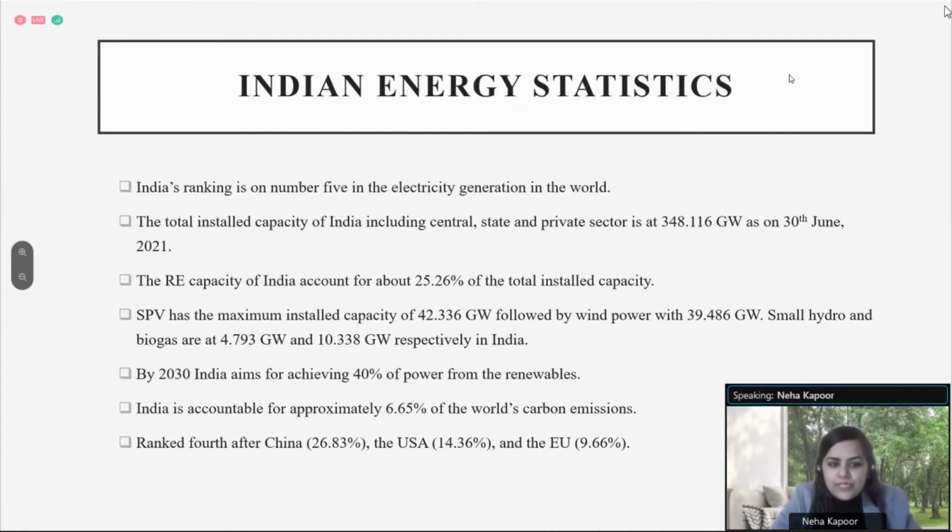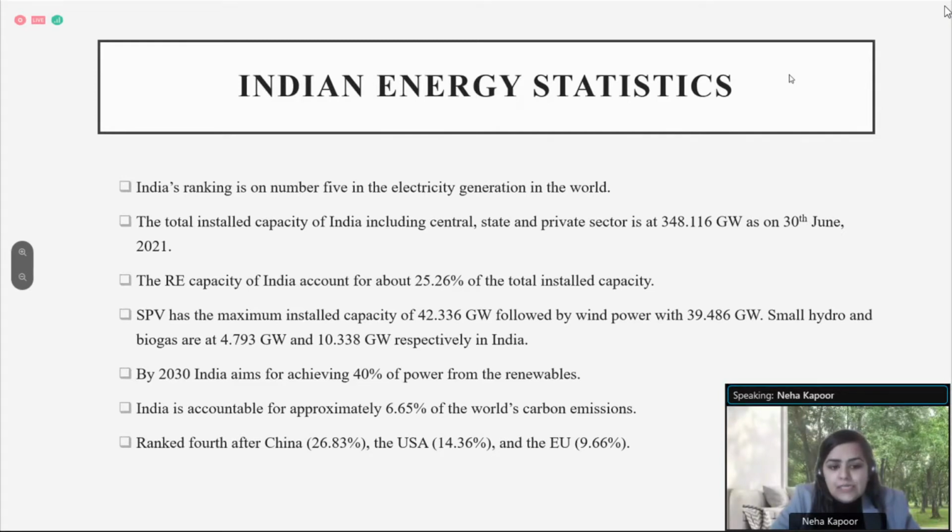If I talk of SPV, the solar photovoltaics, they have the maximum installed capacity of 42.336 gigawatts, followed by wind at 39.486, and small hydro and biogas at 4.793 and 8.338 respectively in India. By 2030, we are aiming to achieve 40% of the power from renewables.